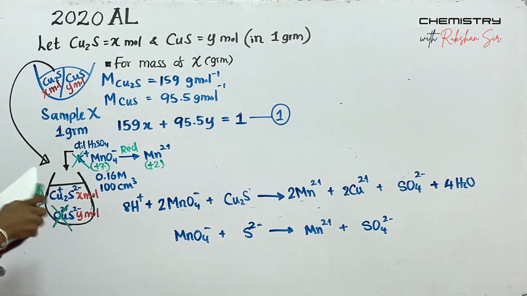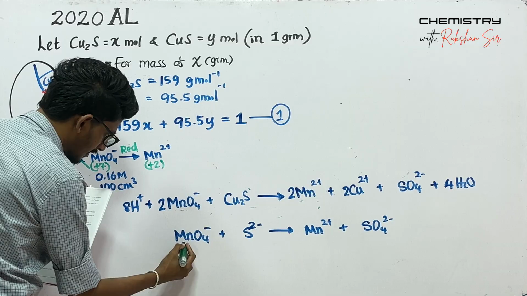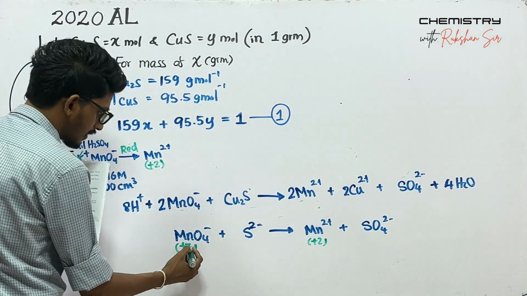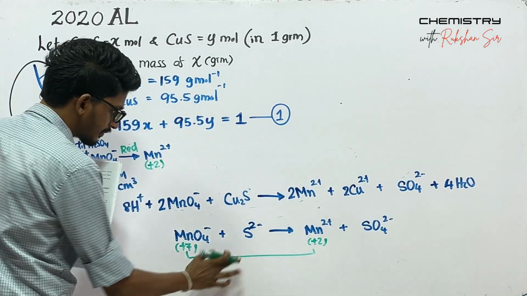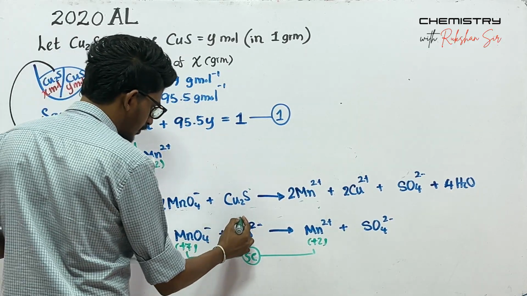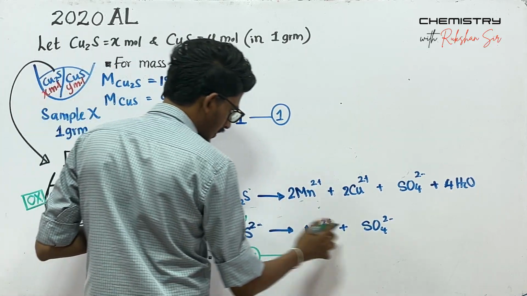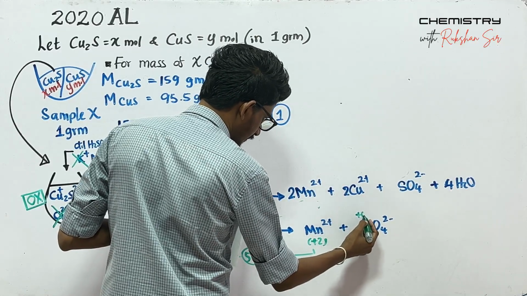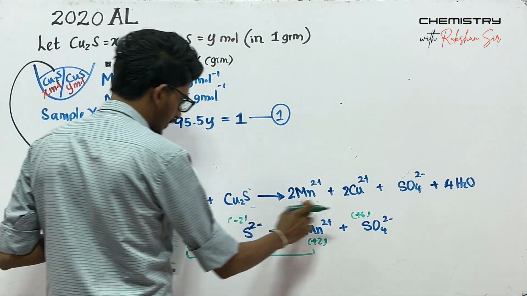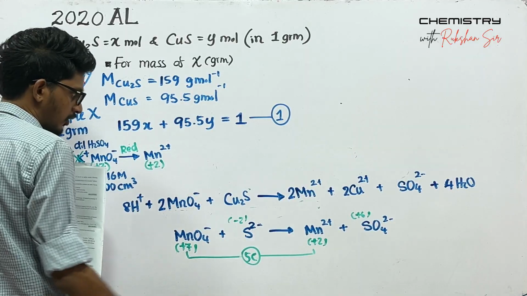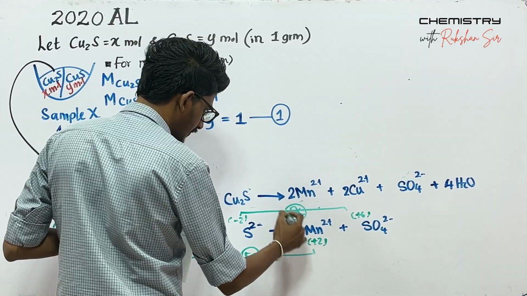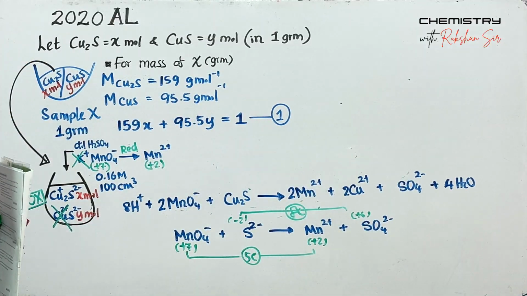And for this one, let's balance this one as well. So this is plus 7, the manganese, this is plus 2, right? The difference is actually 5 electron difference. This is minus 2, right? And this is plus 6, minus 2 and plus 6, all together 8 electron difference, no? 8 electron difference, right?